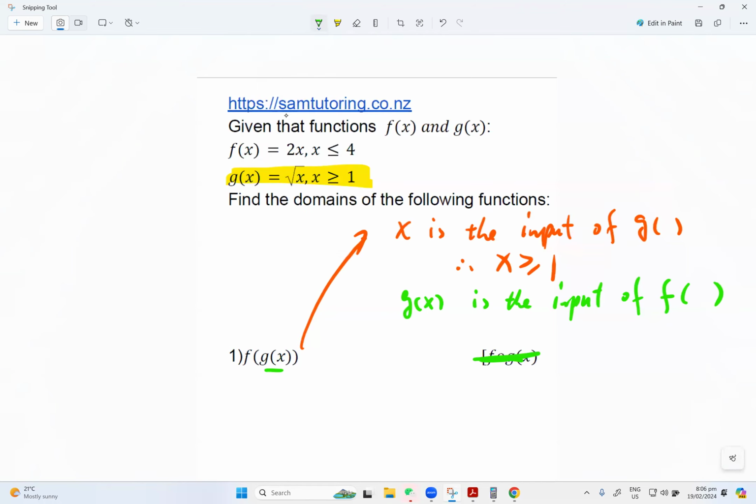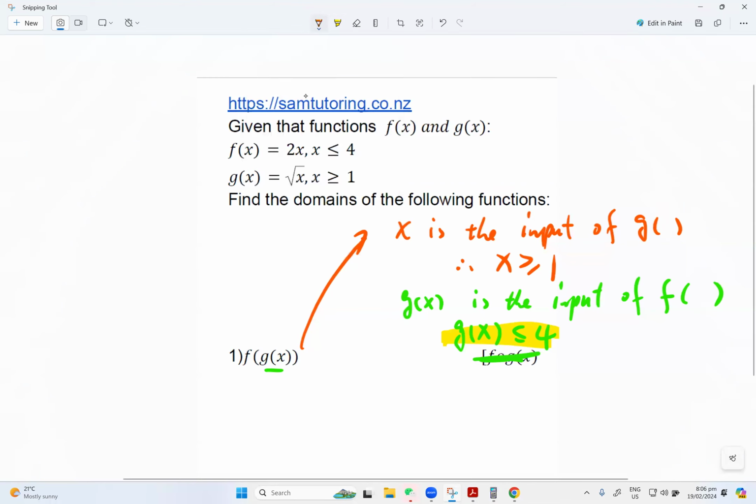Therefore, G(x) less than or equal to 4. Why? Dylan, why? The input of F needs to be less than or equal to 4. Yes, it's stated in the question.